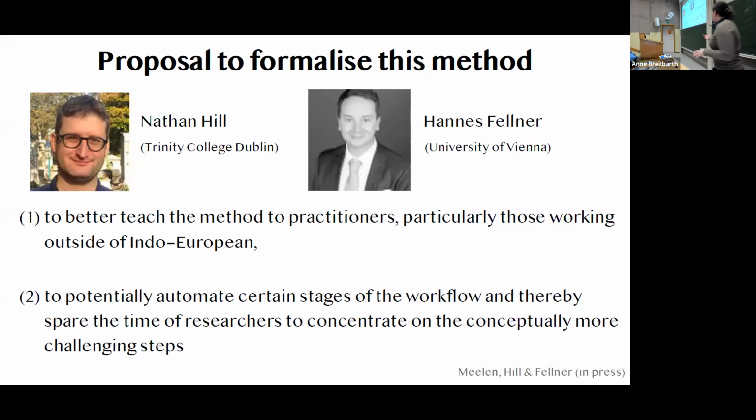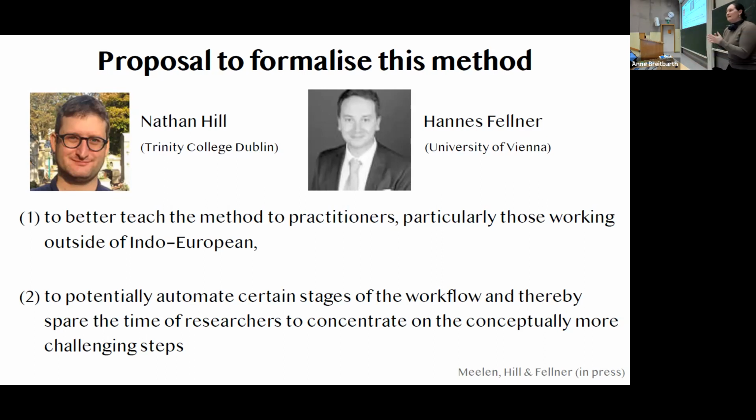Also, what we want ultimately is to potentially automate certain stages, because there's only so many linguists and there's only so much funding, so we can't possibly do everything. So it would be nice if we could make use of some computational methods here as well.